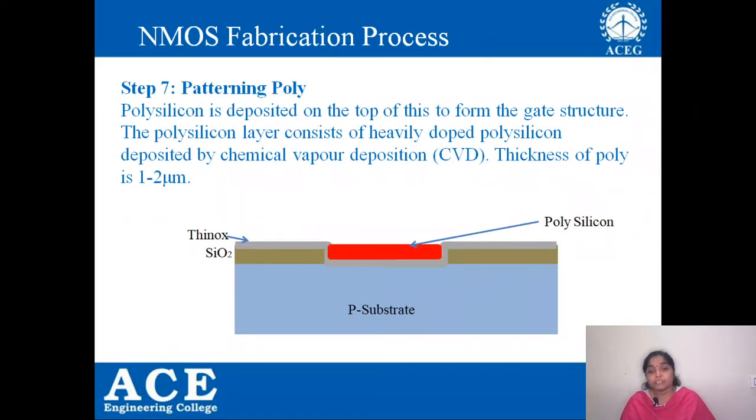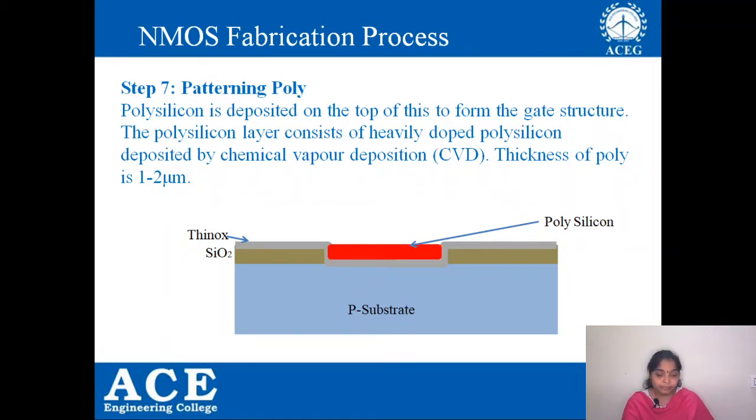Now after the formation of this thin oxide layer, we have the insulation between gate and substrate. Now we have to form a polysilicon gate. How do we pattern this polysilicon gate? By means of a chemical vapor deposition scheme, you can pattern this polysilicon, and the thickness of this polysilicon is 1 to 2 micrometers.